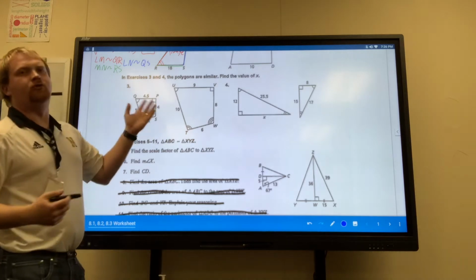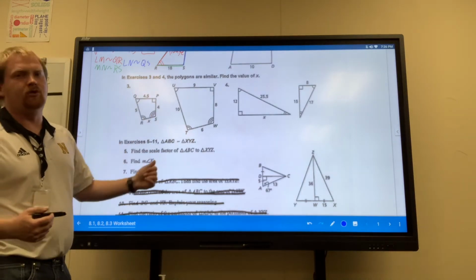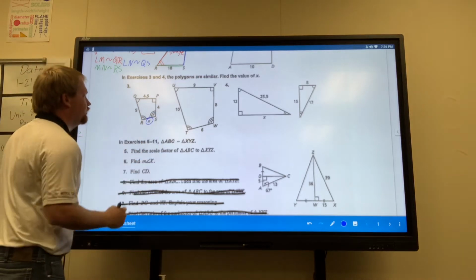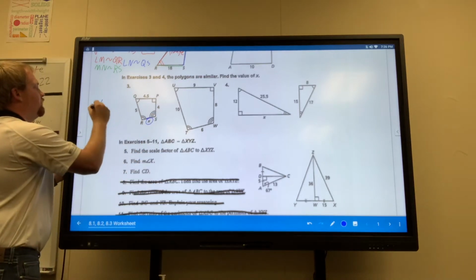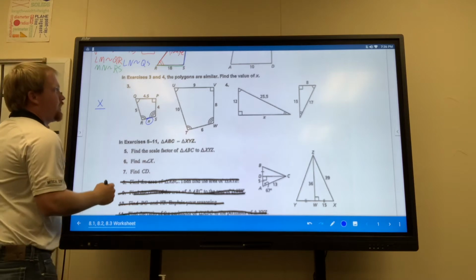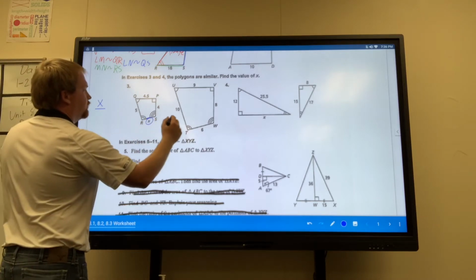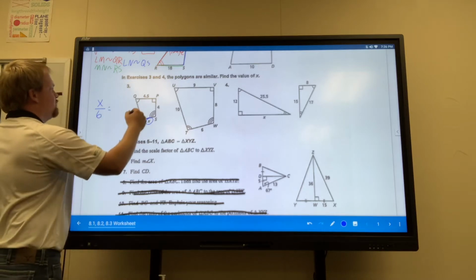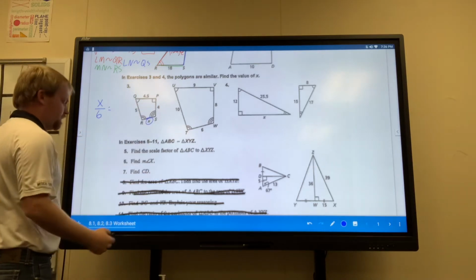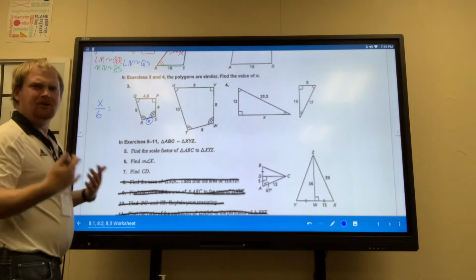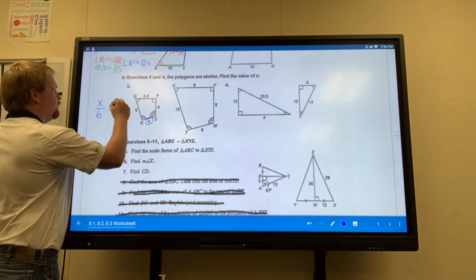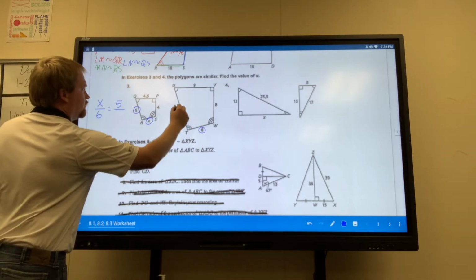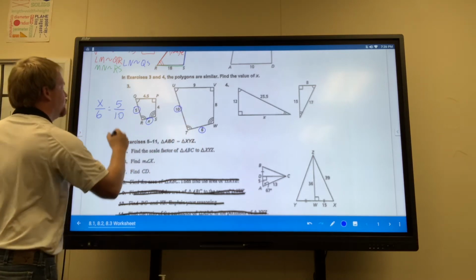We know the triangles are similar, but I want to figure out what x is here. So I have to have an x involved. But remember, x is going to be proportional to 6. Now I can pick between 5, 4.5, or 4, but to make it easy, let's say we do 5 right here. That means I'm going to deal with a 10.